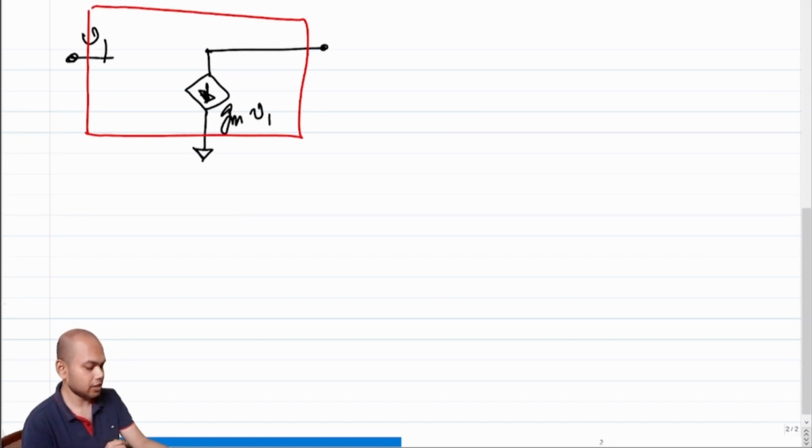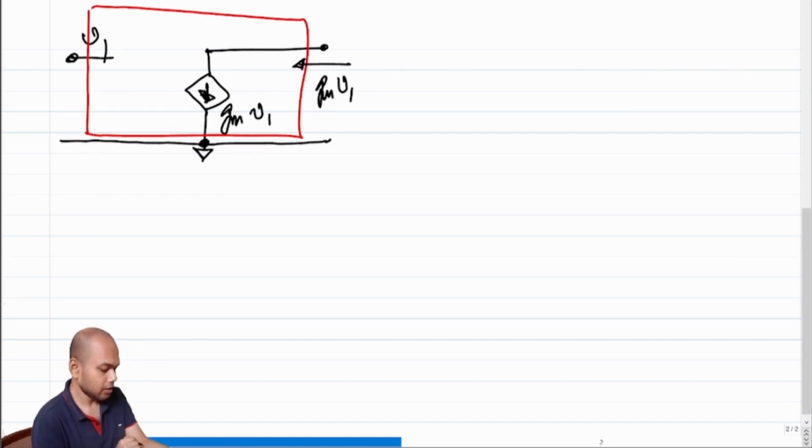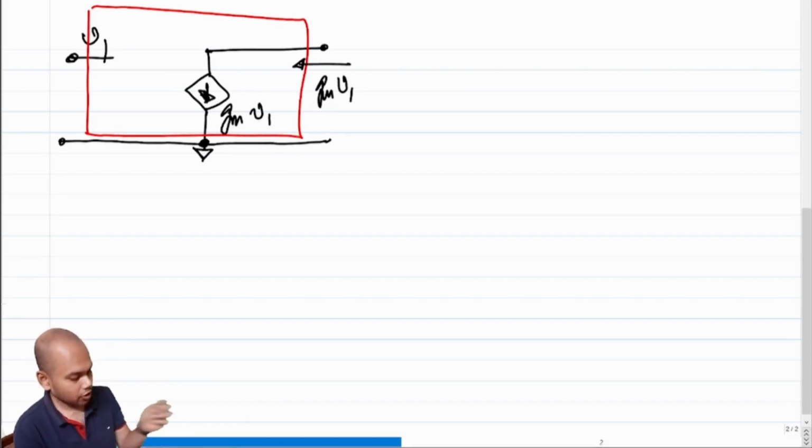The stuff inside the box is a common source amplifier. Why? Because the current that is coming in is Gm times V1, where V1 is a voltage between some reference connected to the source and the gate voltage, right?